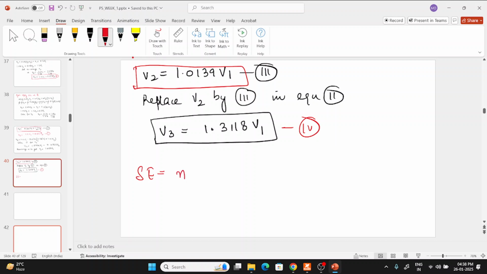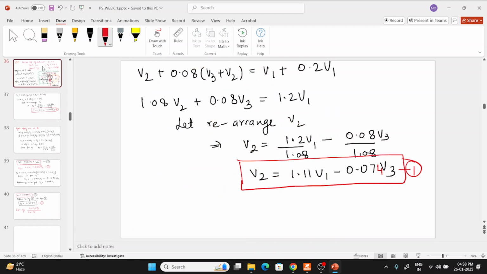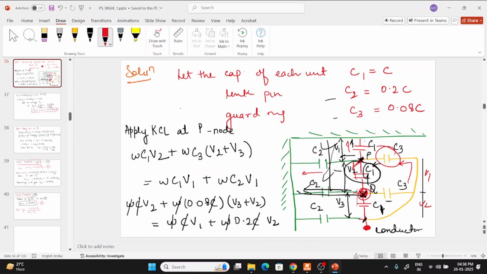It is the sum of all the voltages, V1, V2, V3, divided by the number of discs multiplied by the voltage across the last bottom disc, which is V3.